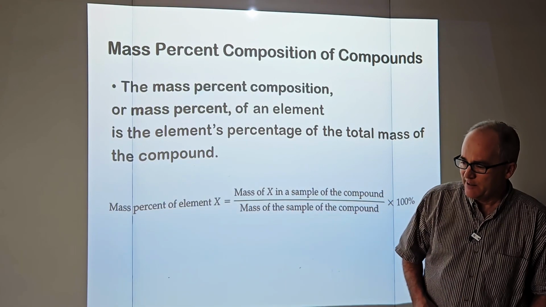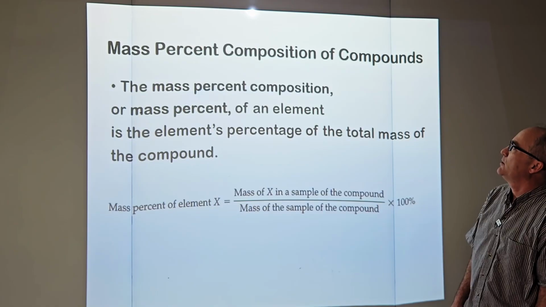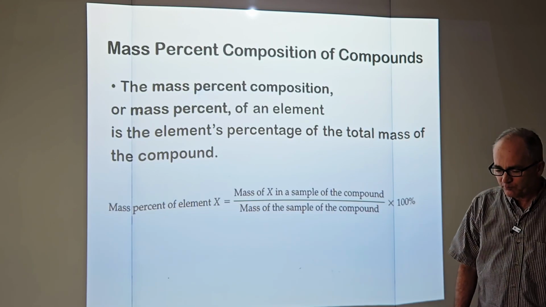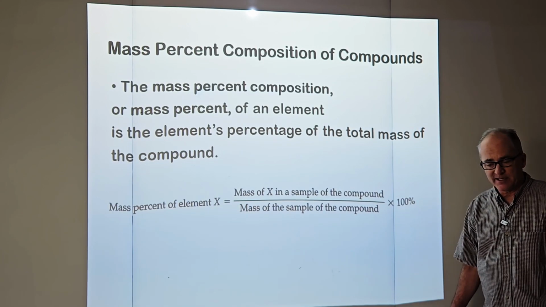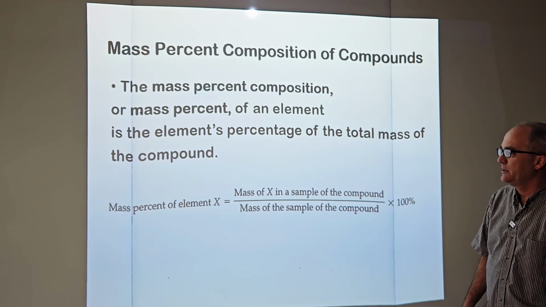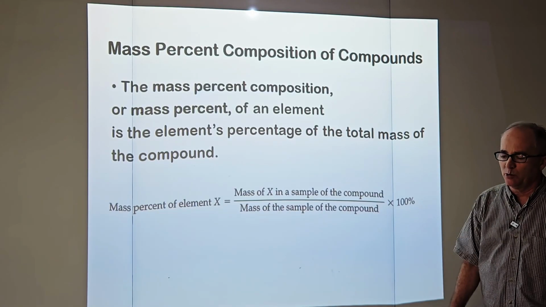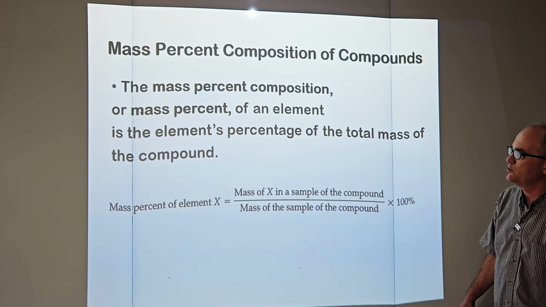So here's a new concept for us: mass percent composition of compounds. So if I write a chemical formula and I say find the mass percent, you're going to want to be able to tell me what percent is sodium, what percent is chlorine, what percent is oxygen.